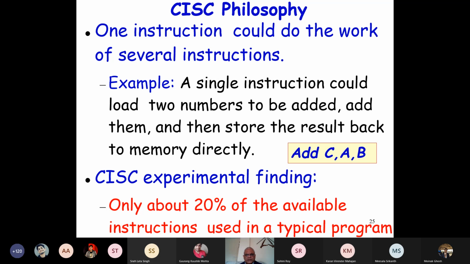Now, why did they do this? Why this large number of instructions, complex addressing modes? What was the rationale behind this? The main reason is that at that time the number of transistors available on the processors was less, the memory was very less, and therefore the program size was one constraint.